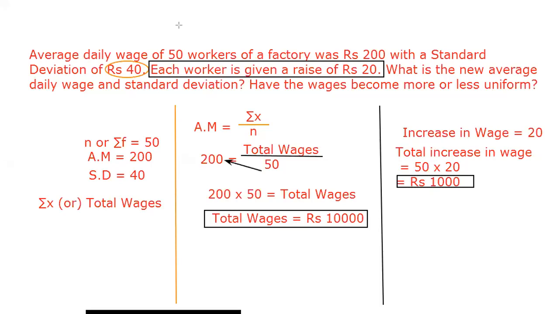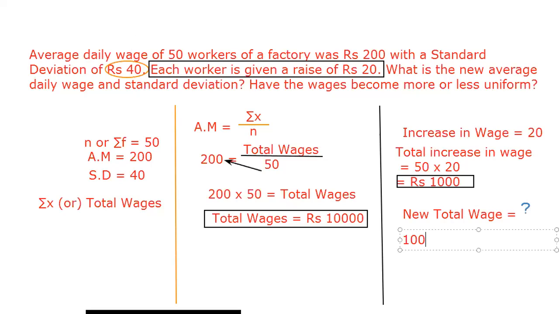To find the new arithmetic mean, we need to know the new total wage. How can we find it? That is the existing 10,000 plus 1000, the total wage plus the total increase in wage.